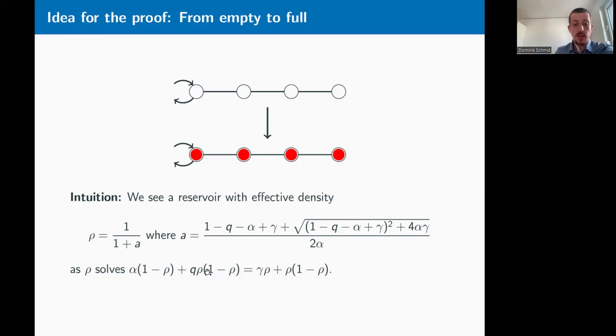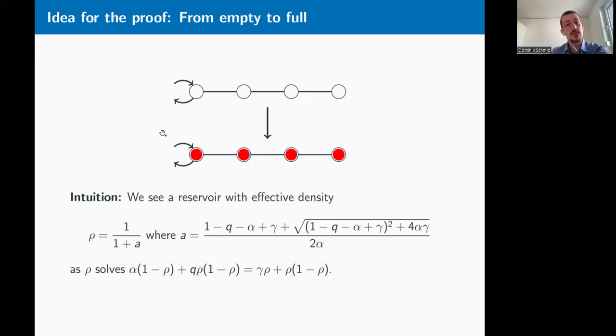This gives this factor rho times 1 minus rho. And this should be equal to gamma times rho, the particles jumping out from site number 1 to the reservoir, plus rho times 1 minus rho, the particles jumping from site 1 to the right. And so if you solve this and take the positive solution, you arrive at rho in this specific form here.